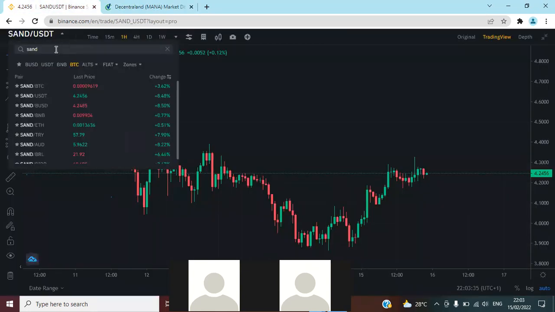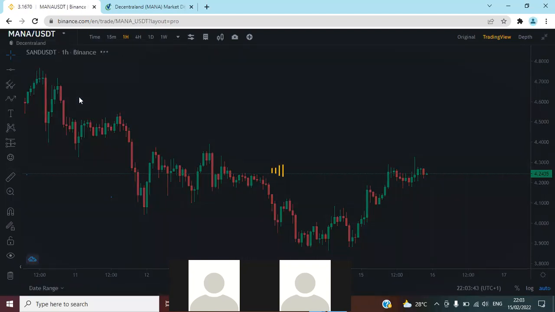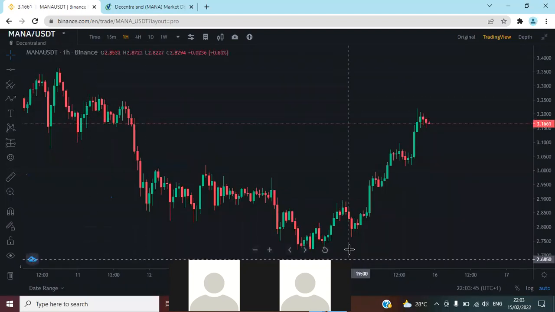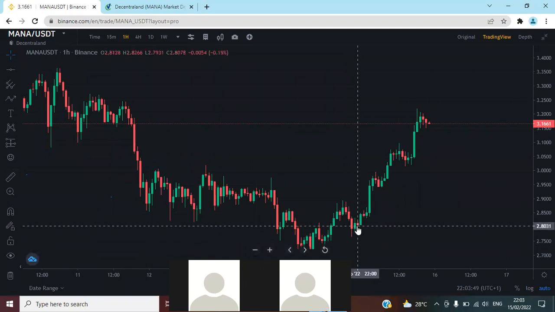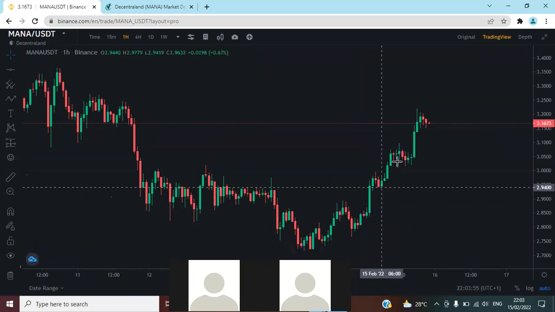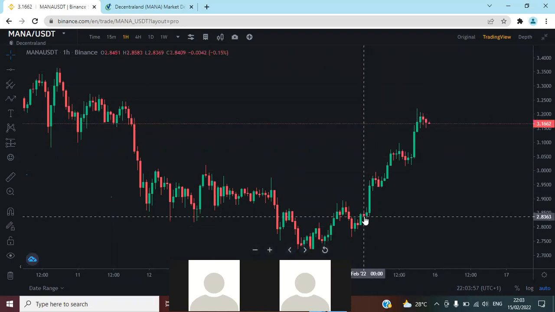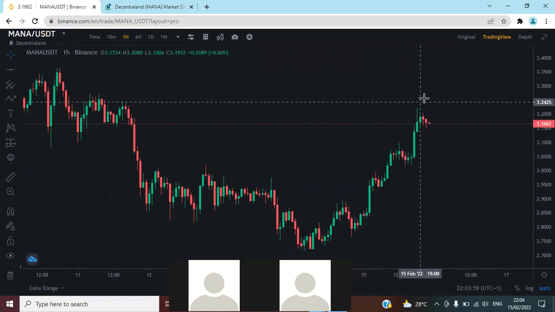So if we go to Mana here, this is 10, right? This 22, okay, this area. Market pumped today from this point up to this point.